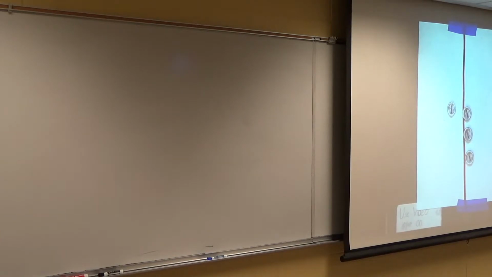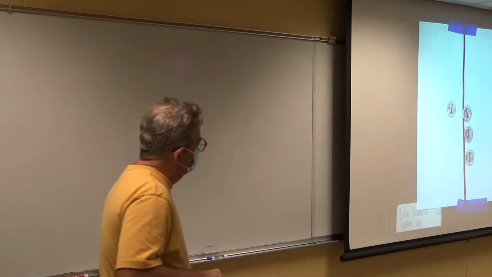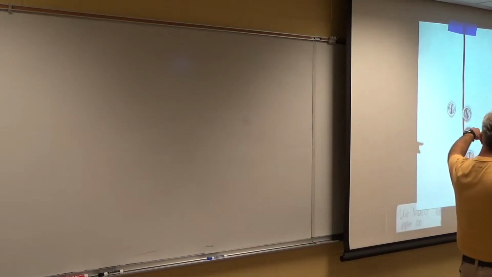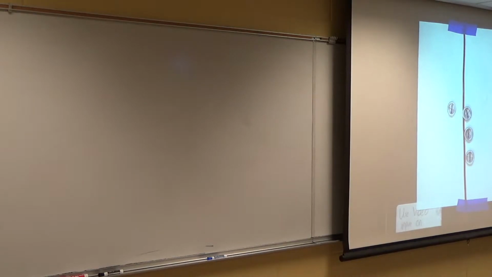So on the overhead there, I have a wire that I've taped down to the little projector. And next to it is a bar magnet. So these little compasses are little magnetic moments, which we haven't talked about yet, but they're lining up with the field of this bar magnet, okay?